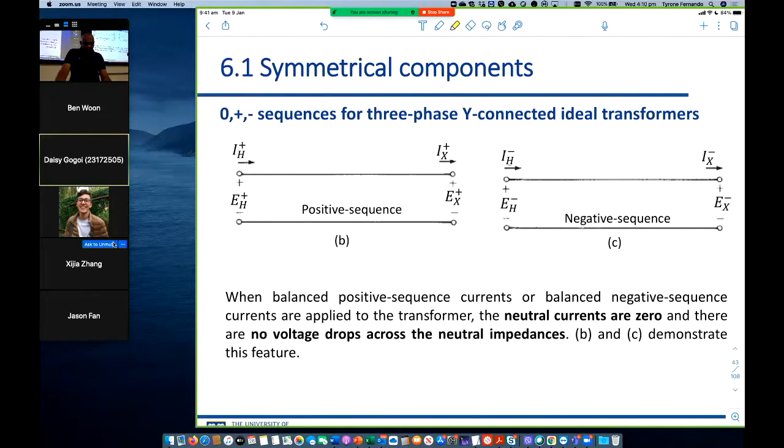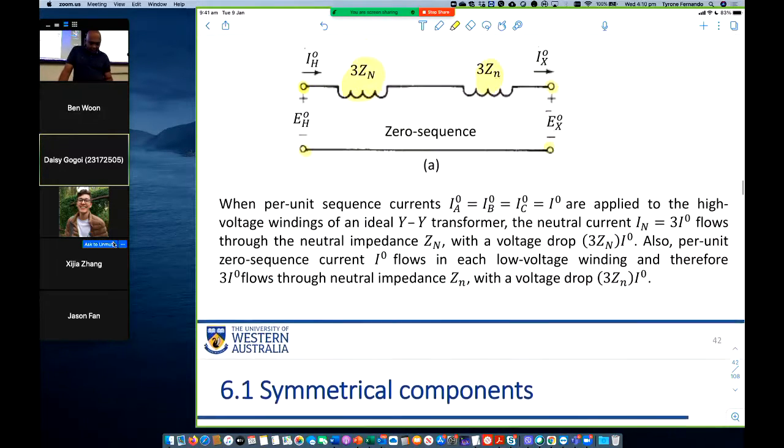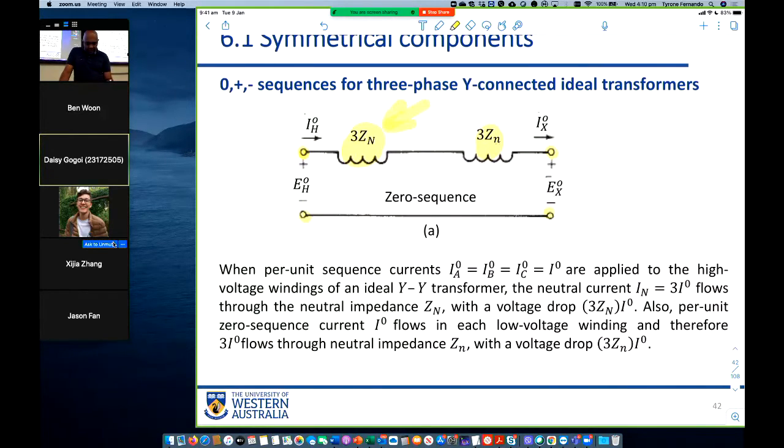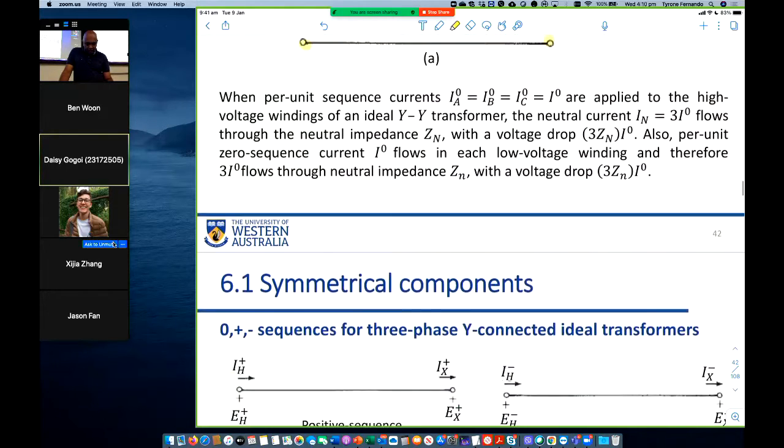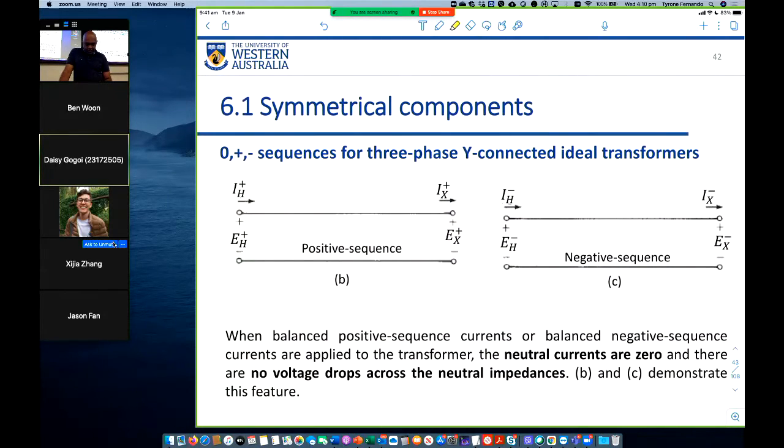So for positive sequence and negative sequence, the Zns doesn't matter, which connects to ground, and there is no series impedance. It's an ideal transformer. You know the ideal transformer equivalent circuit does not have any shunt impedances, does not have any series impedances. So its positive sequence is just the primary and secondary connecting like that.